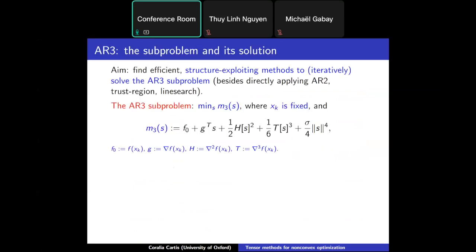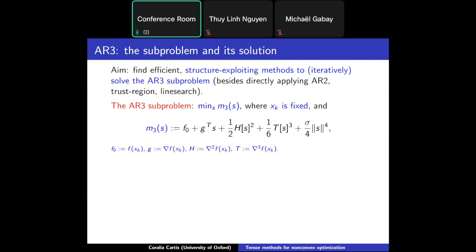Now I want you to think that I stopped thinking about how I go along my landscape path, but that I'm at some iteration k of my algorithm, and let's fix that I'm talking about p equals 3. So I have a third order model. I don't care about k anymore.